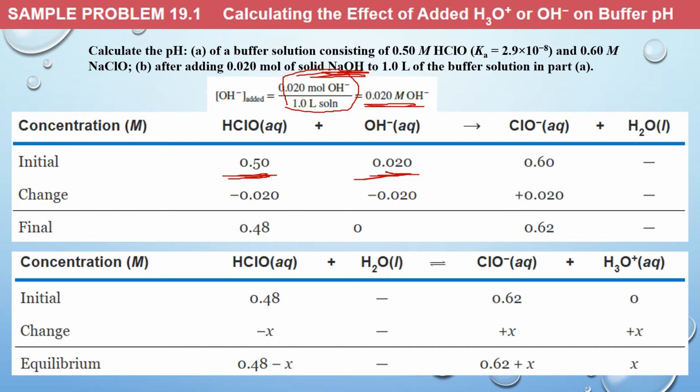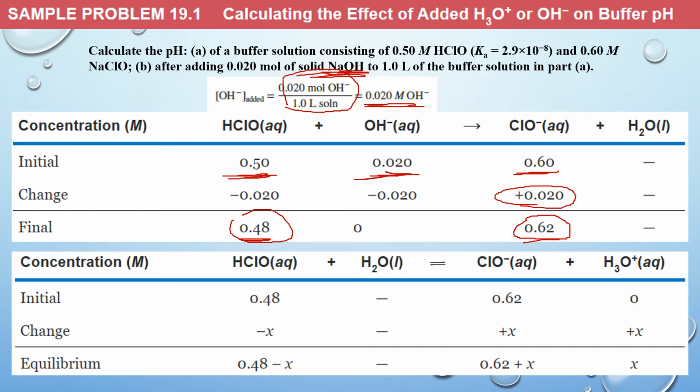So the final concentration of the acid after adding the base becomes 0.48. And because you also generate some of this acetate, the acetate concentration, initially 0.6, increased to 0.62. We're gonna use these as the initial concentrations in our ICE table next.